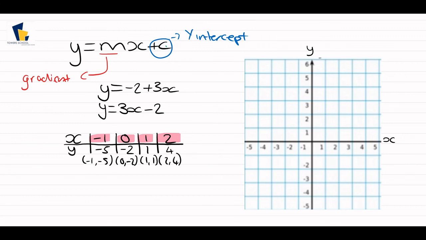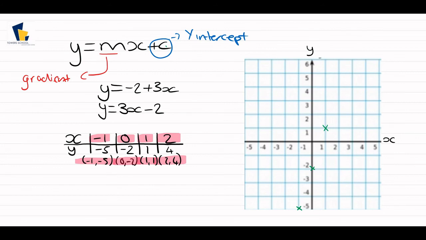So all we're going to do now is plot these coordinates on our axis. Starting with minus 1 and minus 5, we go along to minus 1, down to minus 5, which is here. We're now going to have 0 and minus 2. So we go to 0 and then down to minus 2. We've now got 1 and 1, so it's 1 and 1 there. And then lastly, we have 2 and 4.